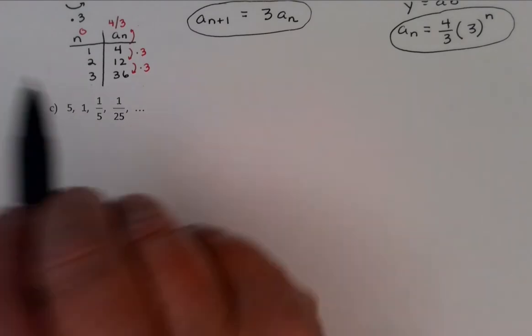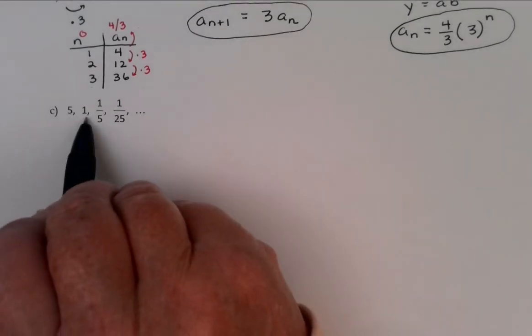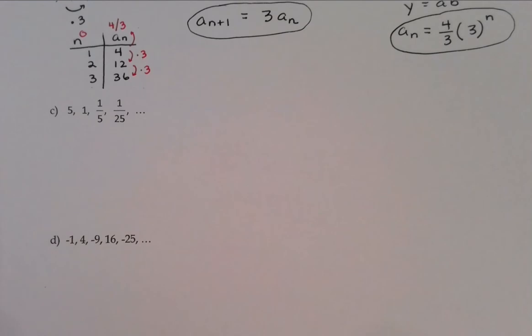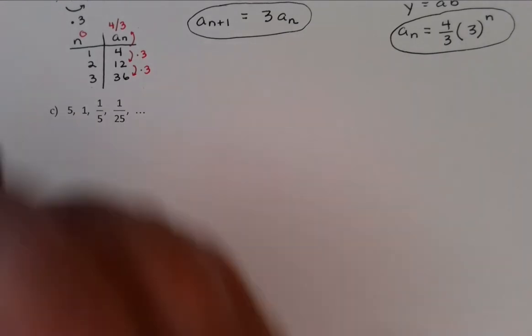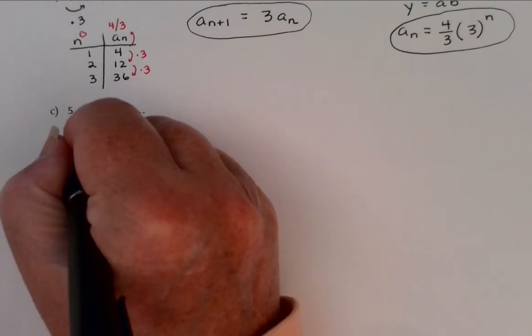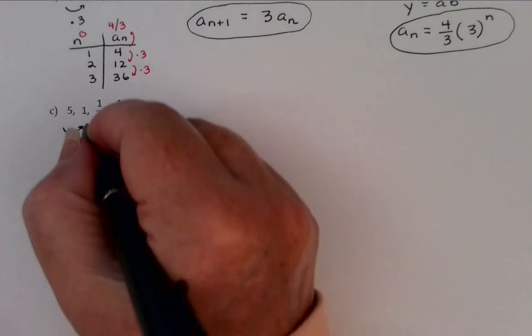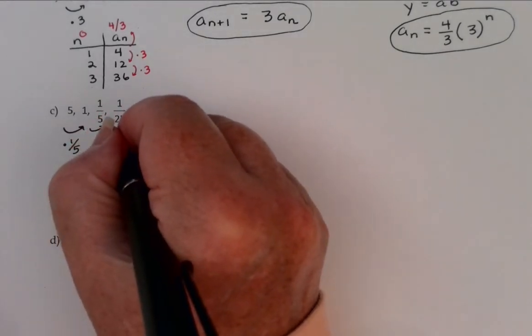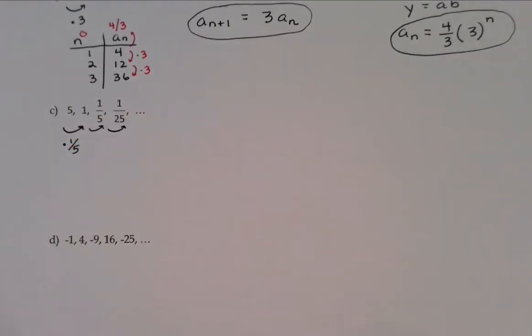I have got 5 and 1, 1/5, 1/25. This is going to be another multiplier, right? You can think of it as dividing by 5, but it's going to be easier if I think of that as multiplying by a 5th to go from one term to the next.